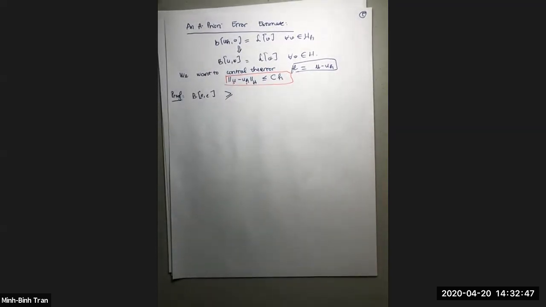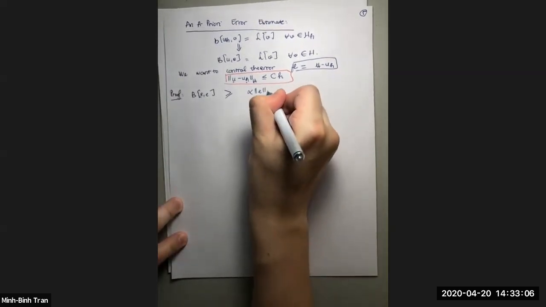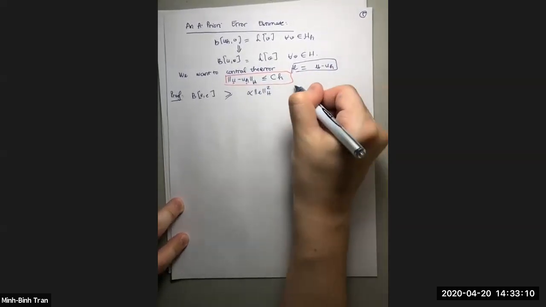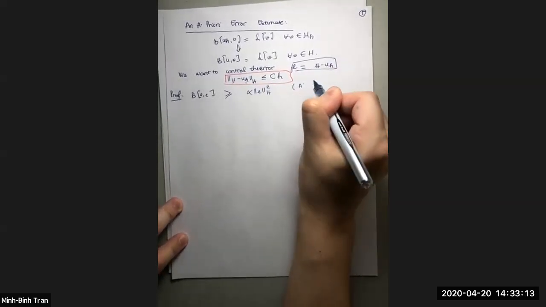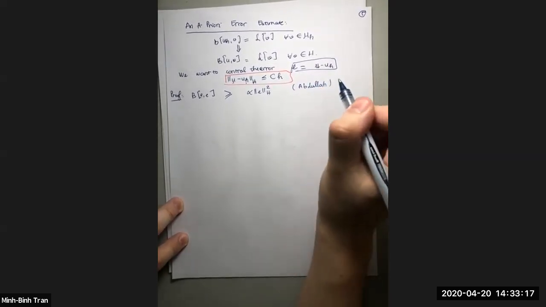What is the property of the bilinear operator B that we can use to have a lower bound for BE? Yes, so Abdullah is correct. So you have the coercivity, right?